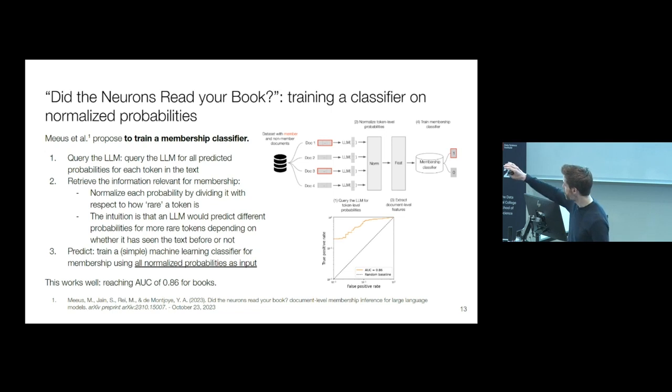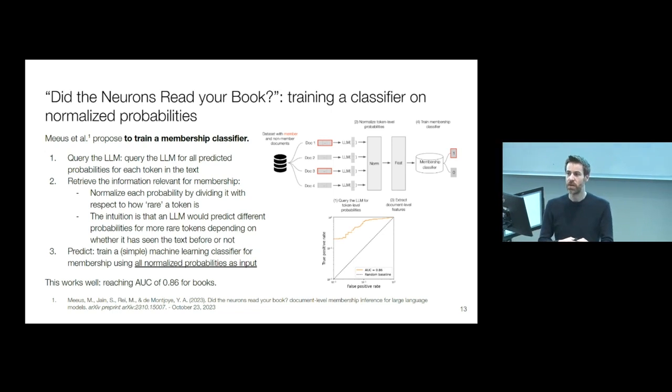Then on top of this, we train a machine learning model on the output for every single token, and we try to get it to tell us where we should look. What is a good signal that a specific piece of text was seen during training?